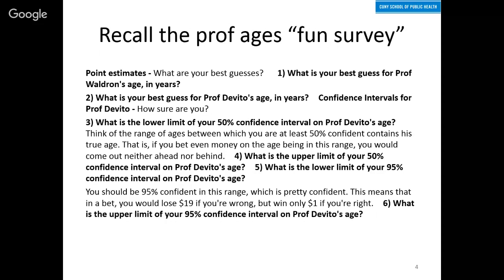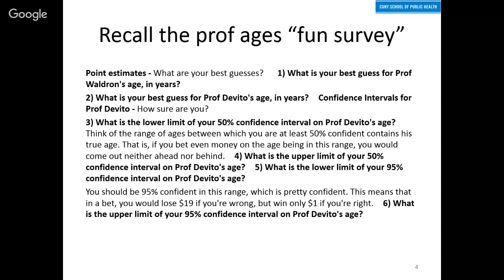Okay, so let's look at this fun survey that had these few questions here. Oops, the formatting got a little messed up here. But I asked of you, only about half of you answered. I was a little bit disappointed in that, but it's okay. To guess my age, to guess Tony's age, and to put 50% confidence intervals and 95% confidence intervals around both.